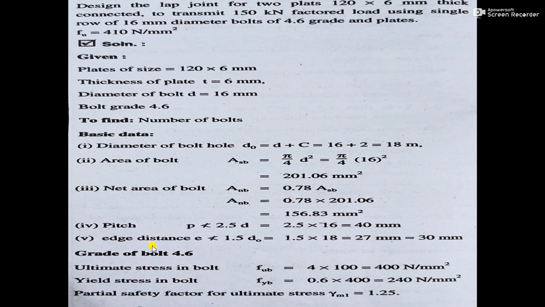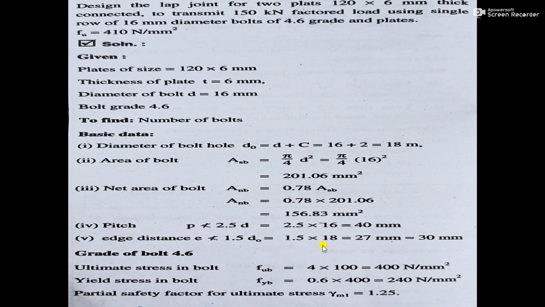Then edge distance. This edge distance should not be less than 1.5 d0. In the last lecture I have given the edge distance. Edge distance is nothing but the distance from one edge of the plate to the center of the nearest bolt. This edge distance should not be less than 1.5 d0, that is hole diameter or gross diameter.